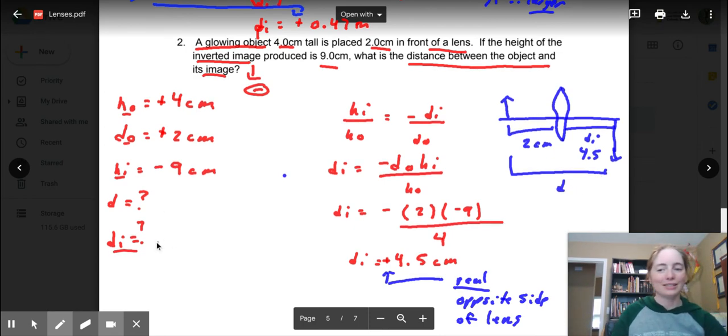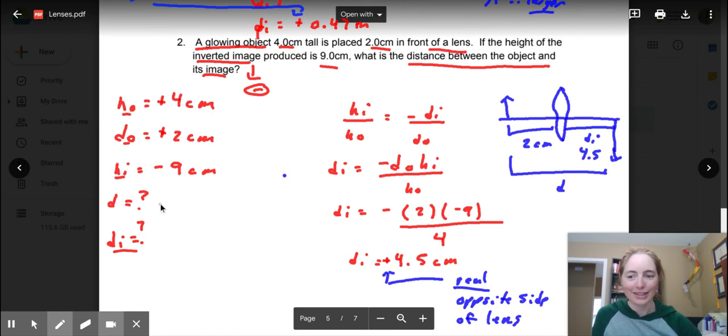So that means this D that I want is going to be equal to my distance from the object to the center of the lens plus my DI, which is the distance from the center of the lens to the image.